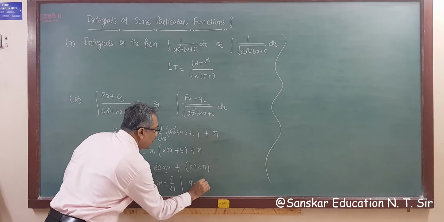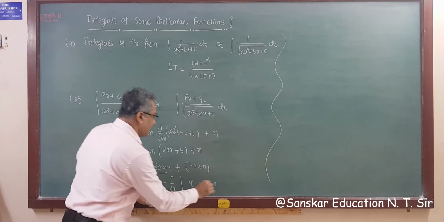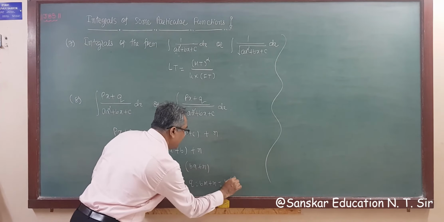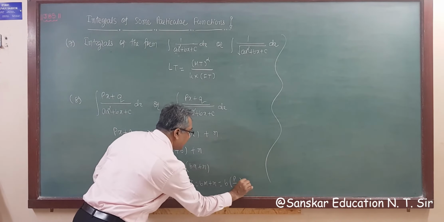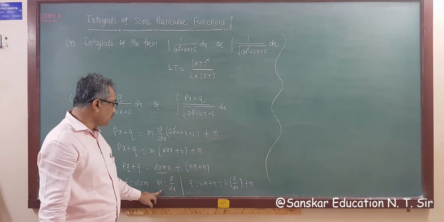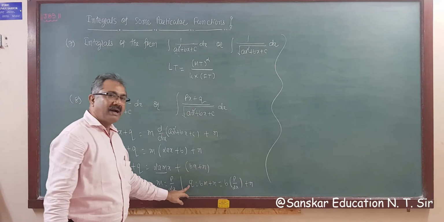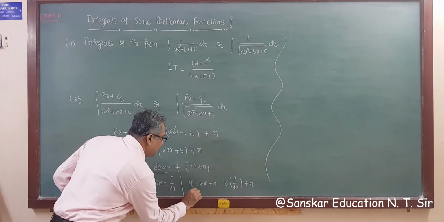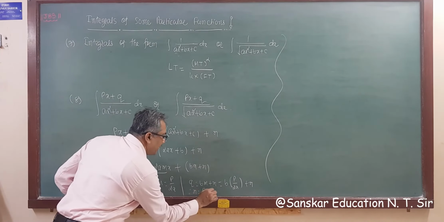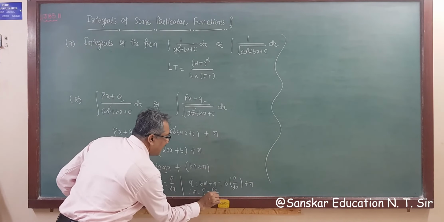So q is equal to bm plus n, and substituting the value of m here, we get b into p upon 2a plus n. So n is equal to q minus pb upon 2a.